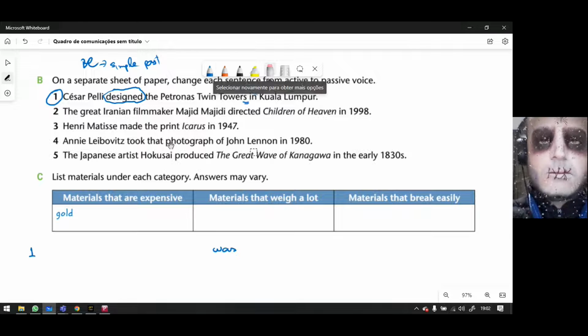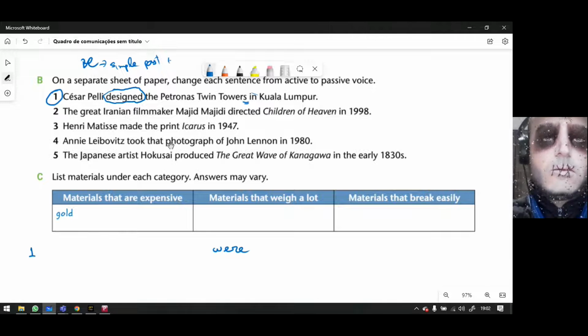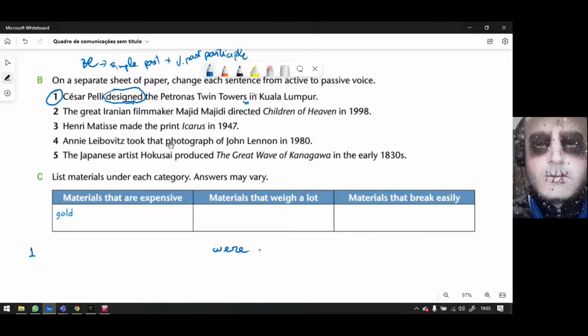Let me correct this. Were. And then we used the verb, which is design, in the past participle. So let's check here. Designed is designed.